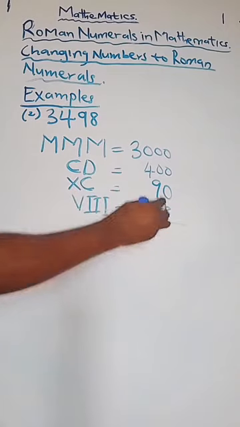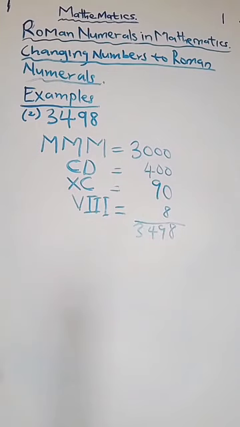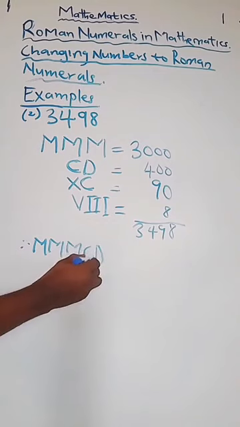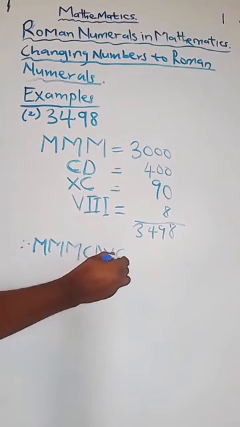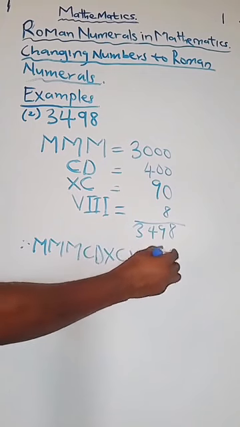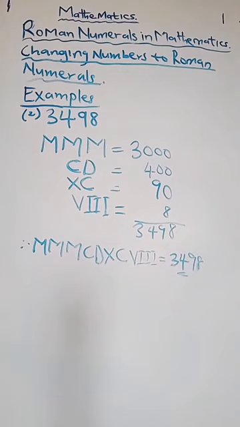Let's add everything together. This is 8. This is 90. This is 400. This is 3000. So therefore, M, M, M, C, D, X, C, V, I, I, I is the same thing as 3498. So far, so good.